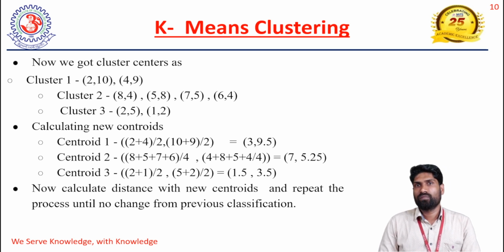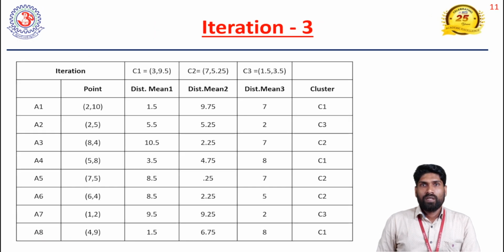So we have done the second iteration. Now we are moving on to one more iteration, the third iteration. See how this third iteration looks. In the third iteration, changes happened at C1 and C2. The remaining C3 has not changed. So we need not worry about the column C3, but we have to calculate the distance from C1 to all the points and C2 to all the points.